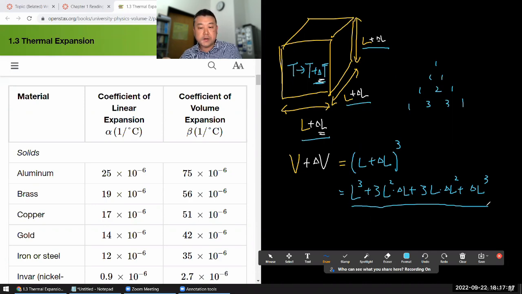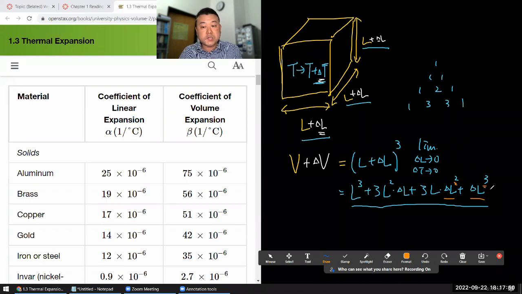But this is where I say there's a calculus reason, because in the limit where delta L is infinitesimally small, because your change of temperature is infinitesimally small, there's a wonderful simplification that takes place. That simplification is that we can ignore the terms of higher order, the ones that involve delta L squared and delta L cubed, because compared to everything else, they'll be so much smaller.